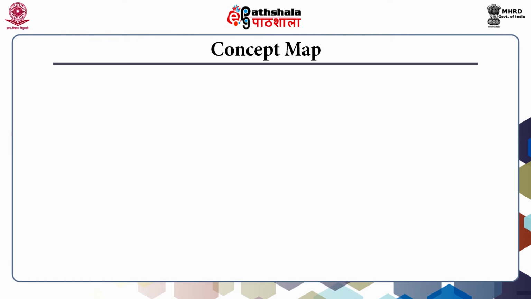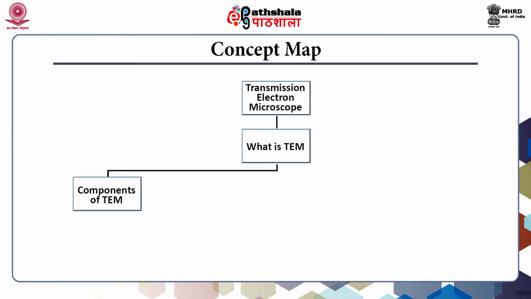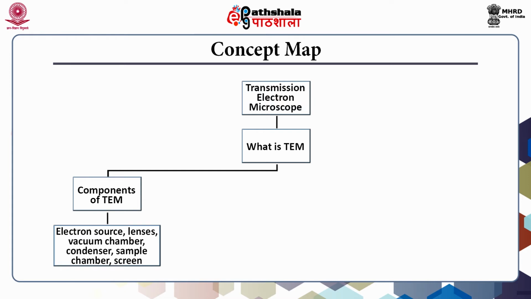This slide shows the concept map that will be followed in this lecture. We will first study the various components of the transmission electron microscope, which include electron source, lenses, vacuum chamber, condenser, sample chamber and screen. In the next section, we will cover the various steps involved in the working of the transmission electron microscope.